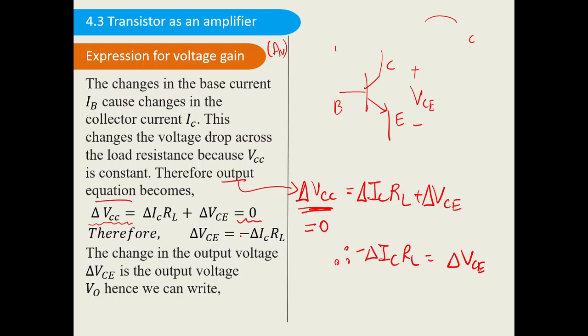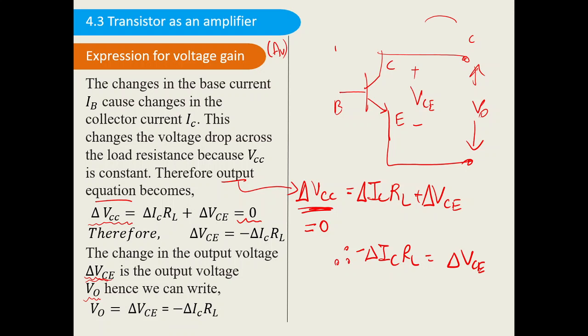So the change in the output voltage, which I call VO, is delta VCE. VO equal to delta VCE, the change in VCE replicated in the output voltage, is minus delta IC into RL.